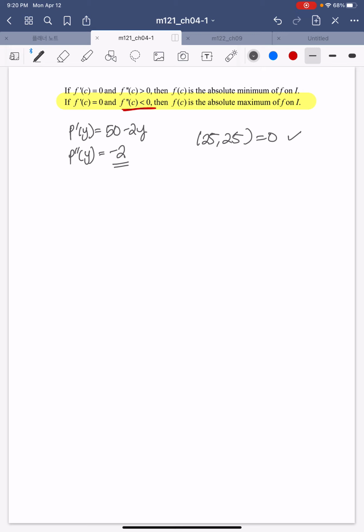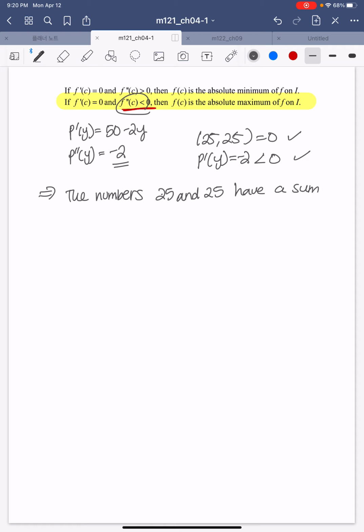And also we have second derivative function, which is negative 2, which is less than 0. So our numbers x and y, which are 25 and 25, have a sum of 50. And you can check, 25 plus 25 is 50.